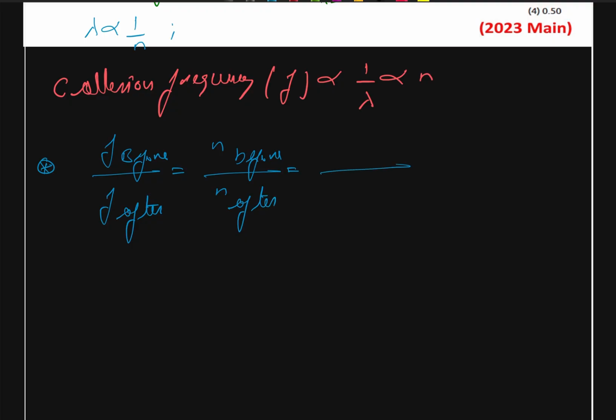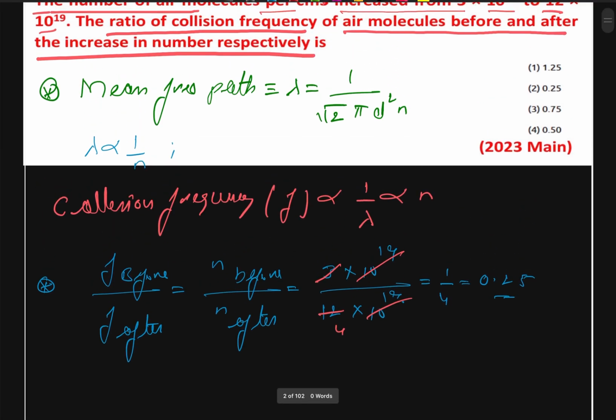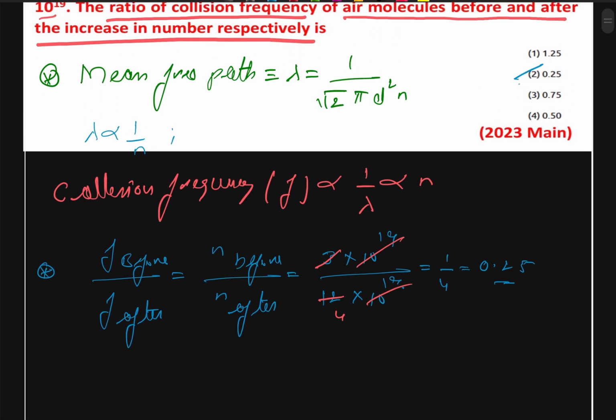So we get this as 3 into 10 to the power 19 and 12 into 10 to the power 19. 10 to the power 19 goes away and this 12 goes by 4. So we get this as 1 by 4, which will be equal to 0.25. So option number 2 is correct.